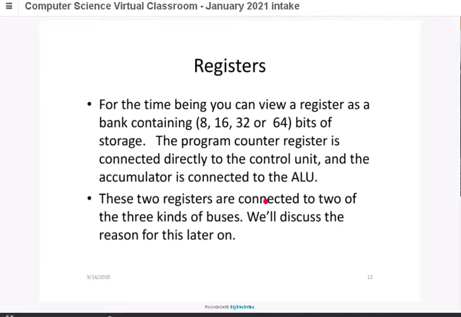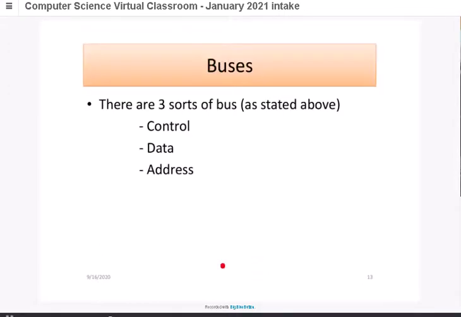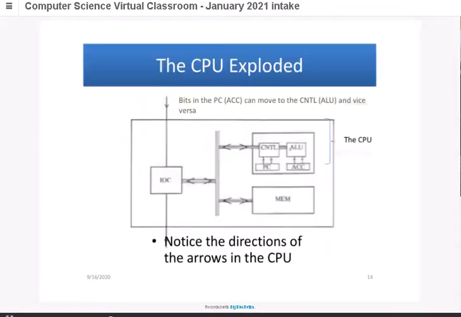So for the time being, a little explanation of a register, which I've already just stated. So the two registers I've mentioned are connected to two of the three kinds of buses. We'll cover the reason for this later on. So three sorts of bus, as I've stated above, don't forget that.